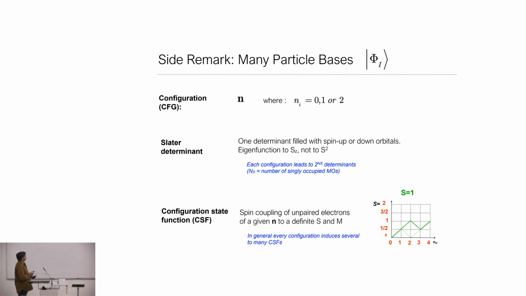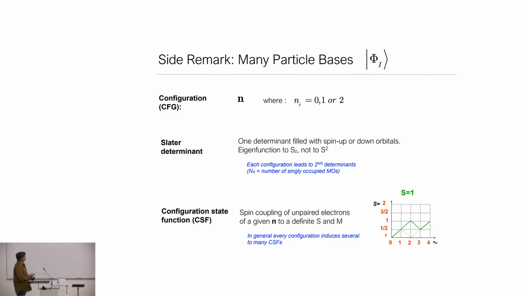So a Slater determinant is a valid representation of a wave function that's an eigenfunction of S_z, but not of S squared. But you can take a bunch of Slater determinants belonging to the same configuration and construct something that is called a configuration state function, or CSF.